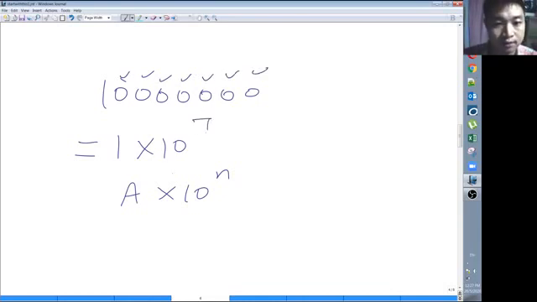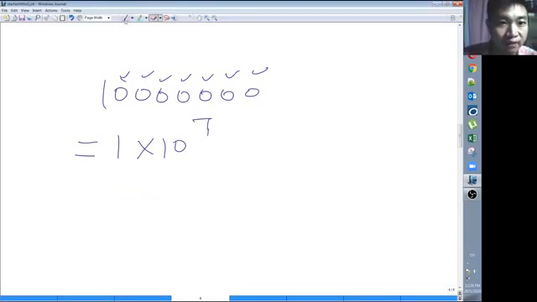So 10 to the power 7, right? Now your 1 is between 1 and 10, so it fits the first requirement, and your 7 is a positive integer, and it fits the second requirement. So therefore this is standard form.